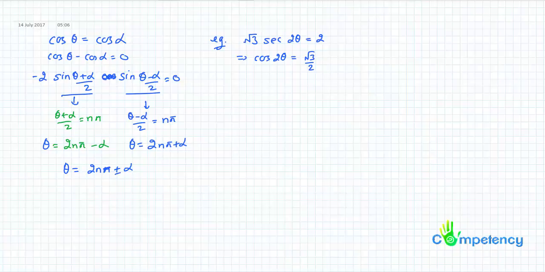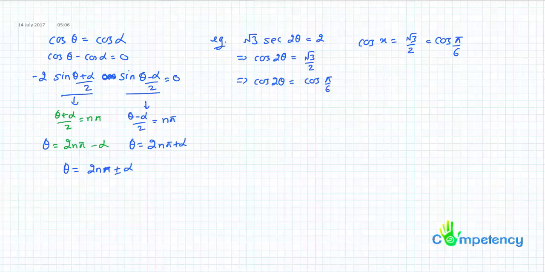And when is cos x equal to root 3 by 2? We know that cos 30 is root 3 by 2, that means this is nothing but cos pi by 6. So I can rewrite it as cos 2 theta equals cos pi by 6.